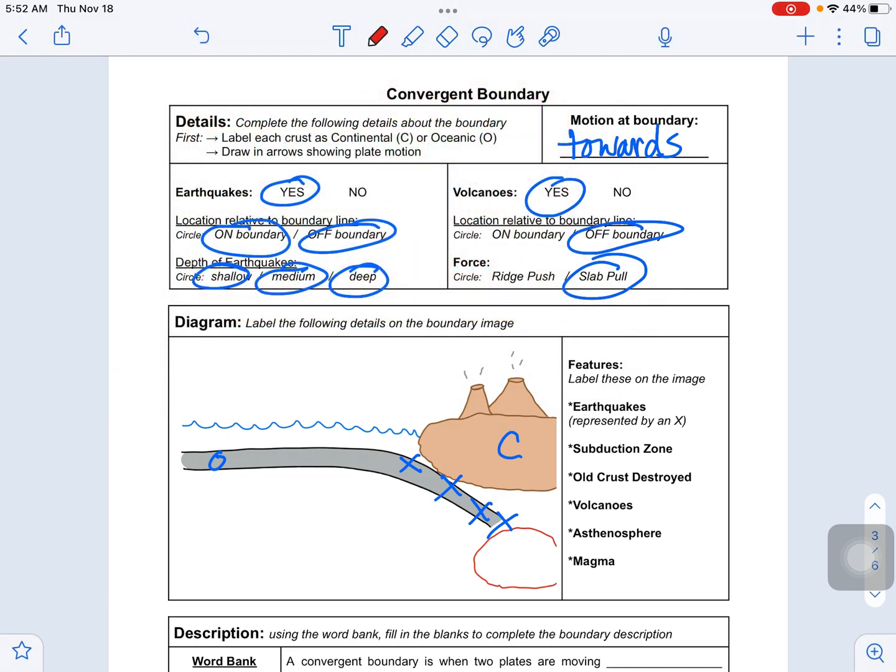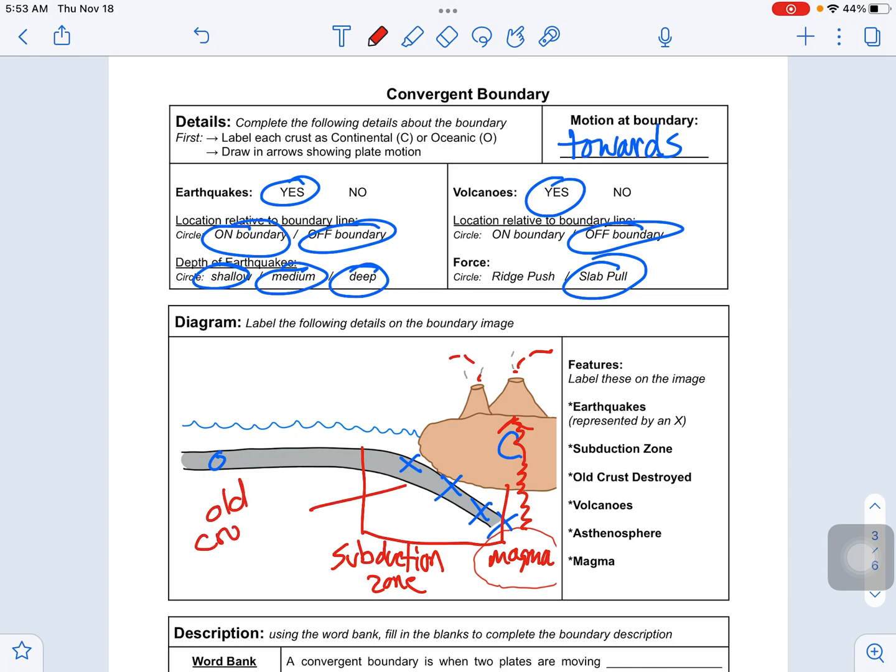Okay, so as this magma down here melts, it's going to make its way up through the crust and make our volcanoes. Okay, this area here is called the subduction zone. And this is also where the old crust is destroyed.